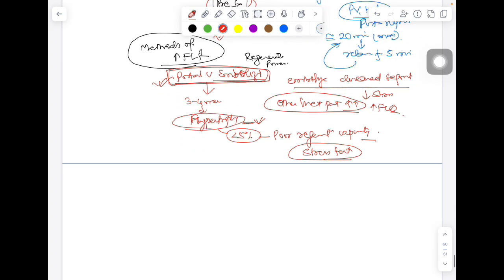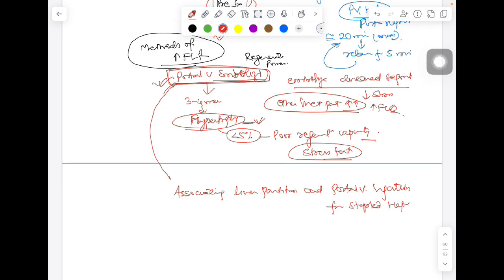So surgery is okay. Now, similar to portal vein embolization, there is a method of associating liver partition and portal vein ligation for staged hepatectomy. This is ALPPS. One small paragraph is given about this in DaVita. So it's like associated liver partition.